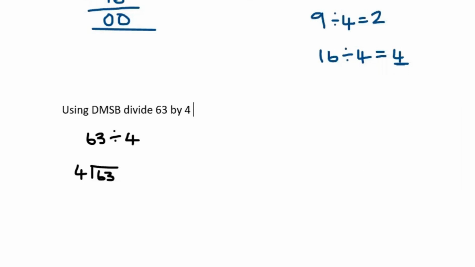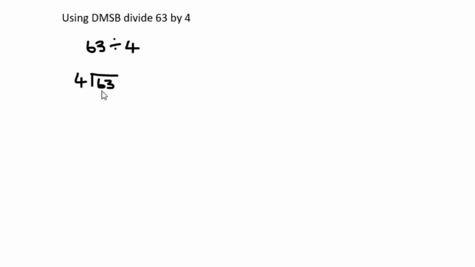So what did I say? The first thing that you do is divide the first number by the outside number. Do you agree with that, Fariso? So it's going to be this 6 divided by 4.